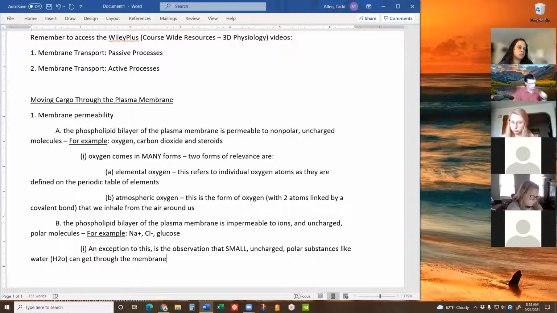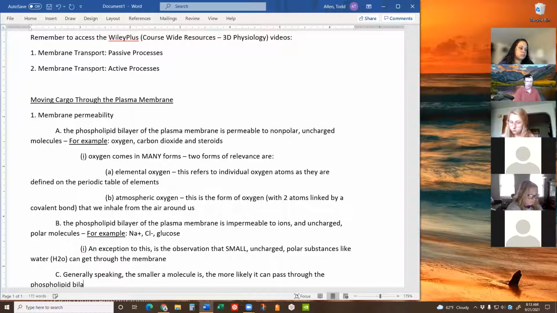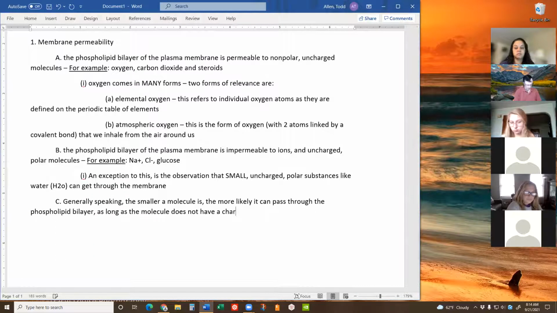All right. Generally speaking, the smaller a molecule is, the more likely it can pass through the phospholipid bilayer, as long as the molecule does not have some sort of charge to it, positive or negative.